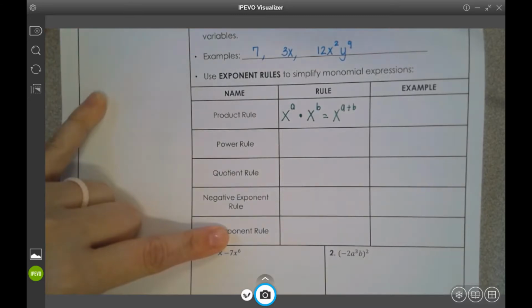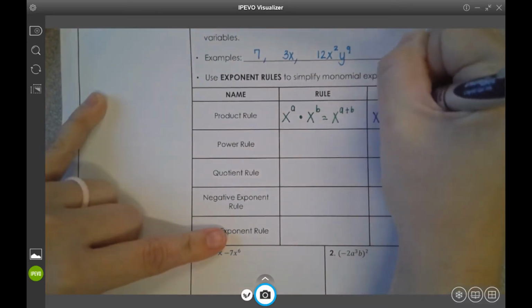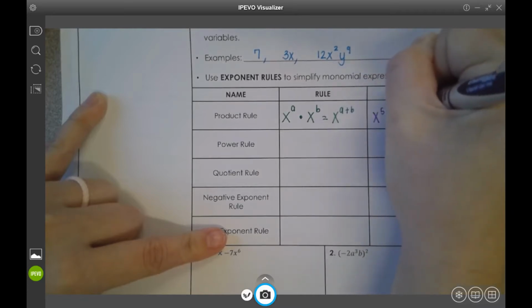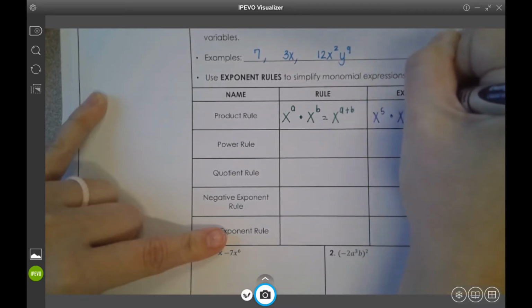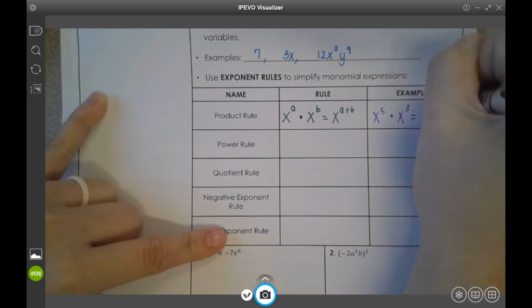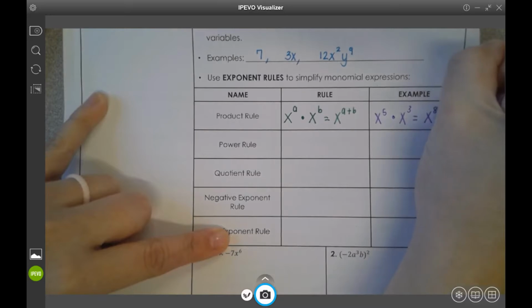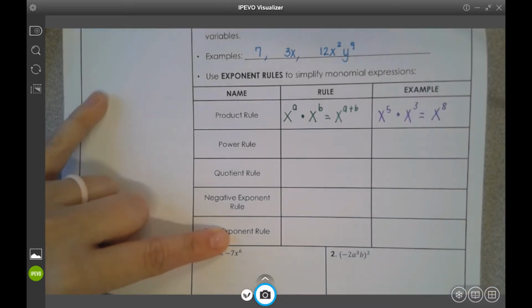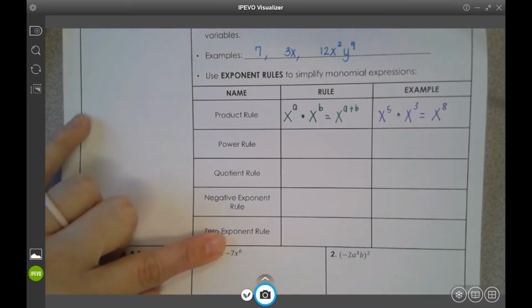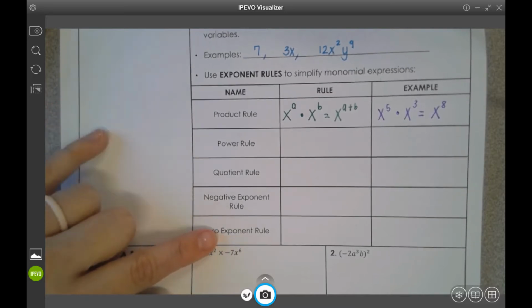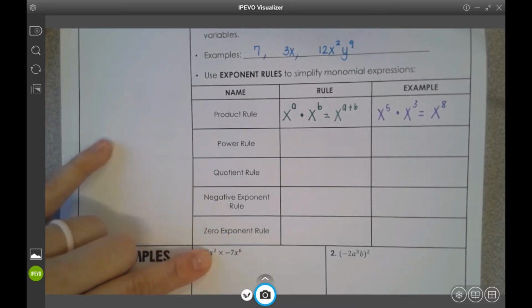So an example, if I have x to the 5th power times x to the 3rd power, that is going to be x to the 8th power, because 5 plus 3 is 8. Oh, okay, so it's a simple addition with the exponents. Yep, you just add the exponents.